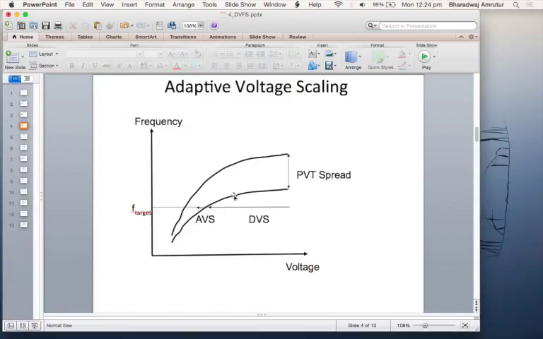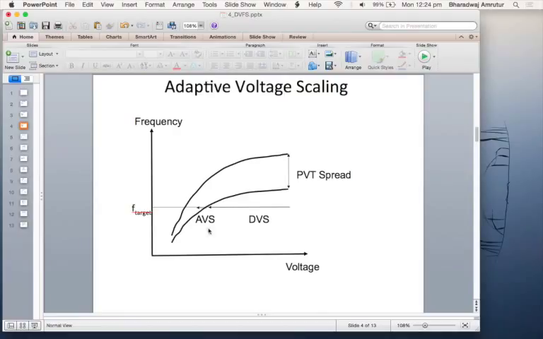Now that you have this mapping of frequency to voltage, if there is any particular frequency target, say this is the new frequency target, I'm running at this F max. Now I'm saying, okay, for this phase, go at F target, which is lower than F max. Then, if I had a way of controlling the voltage, instead of running at the max voltage, I'll push down the voltage to a voltage corresponding to this out here.